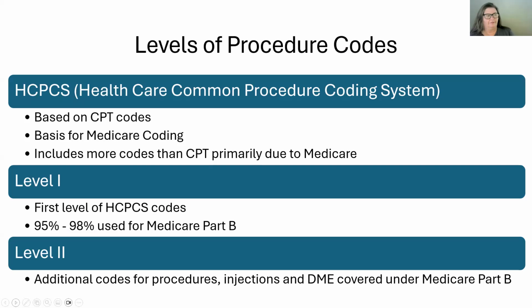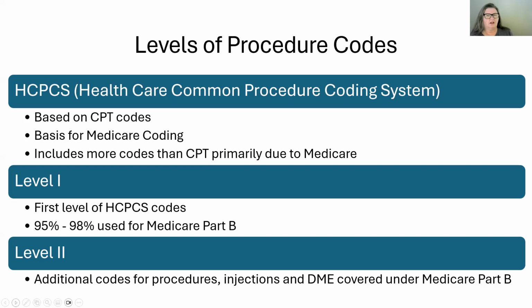All right, moving on. So there's levels of procedure codes. We have CPT, obviously, but we also have what's called HCPCS, which stands for Healthcare Common Procedure Coding System. Say that 5 times fast.